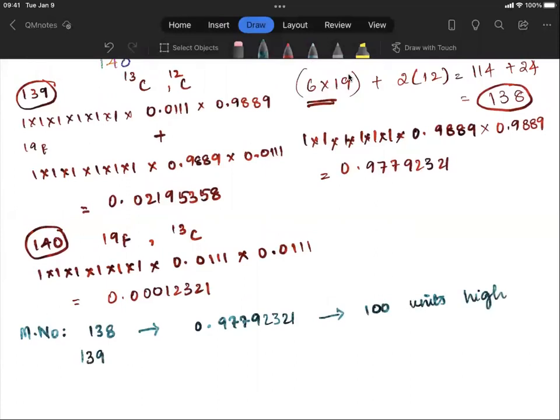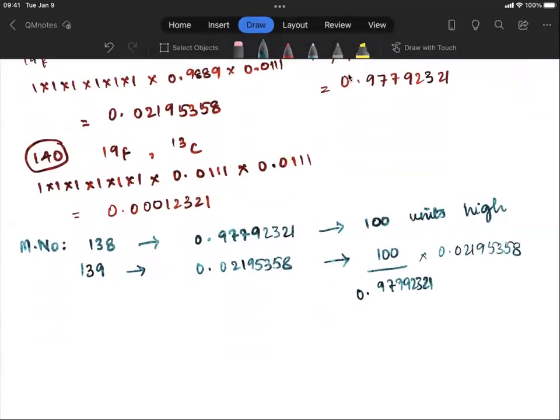For 139 units of mass, the probability of having that mass is 0.021953358. So the height is going to be, it's a simple unitary method, 100 divided by 0.9779231 times 0.021953358.